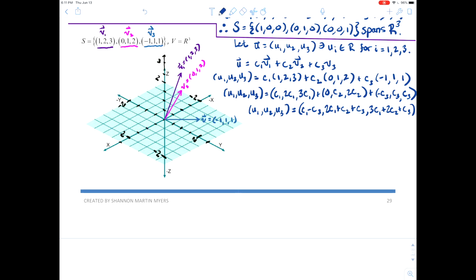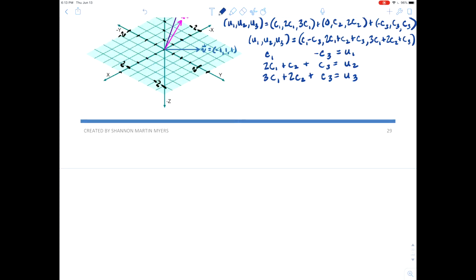And then equating corresponding components, we will have C1 minus C3 has to be equal to U1, 2C1 plus C2 plus C3 is U2, and then 3C1 plus 2C2 plus C3 equals U3.